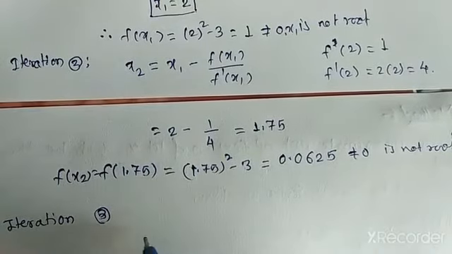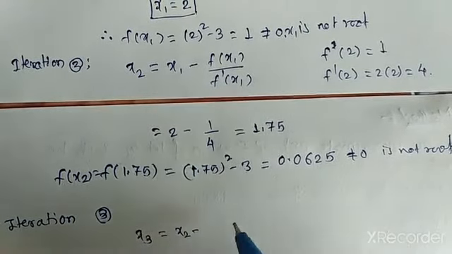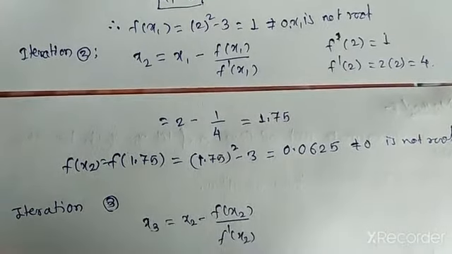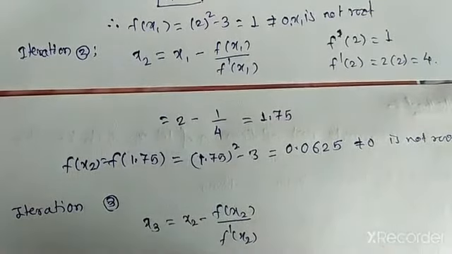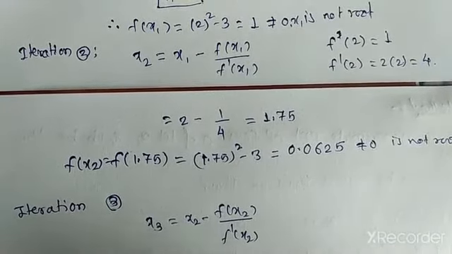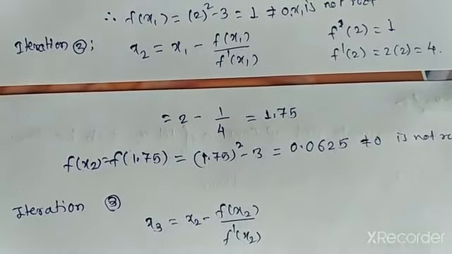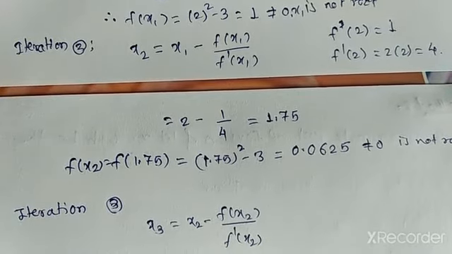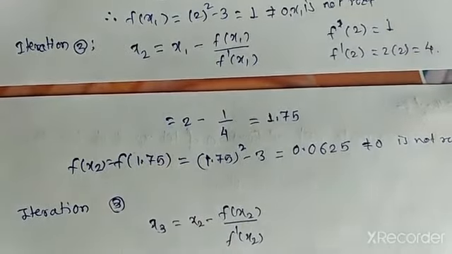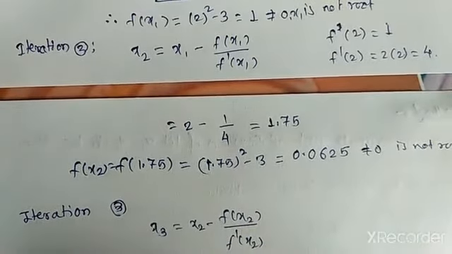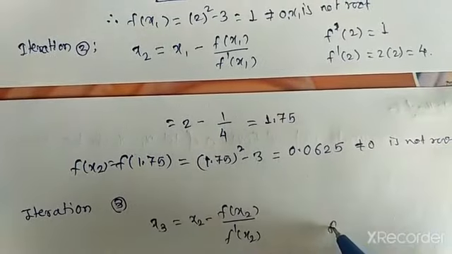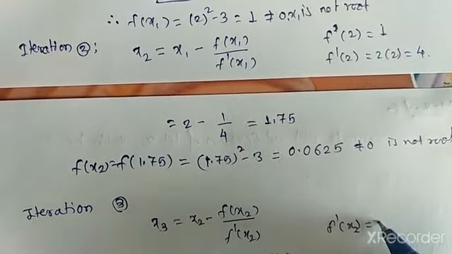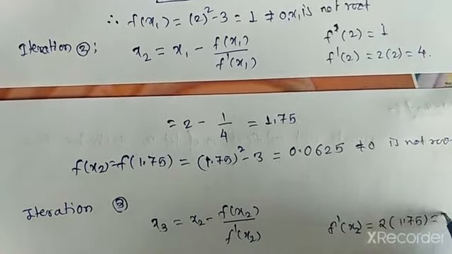So here the formula is x3 equal to x2 minus f of x2 divided by f dash of x2. So x2 is 1.75 minus its value 0.0625 divided by f dash of x2, which is 2 into 1.75, which is equal to 3.5.